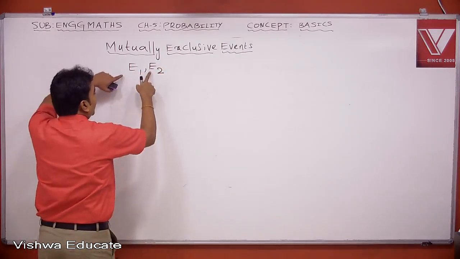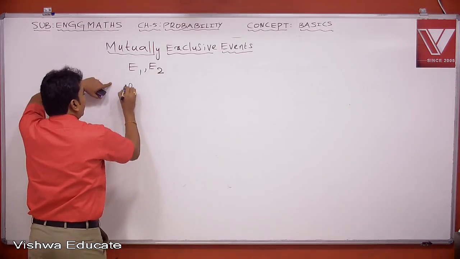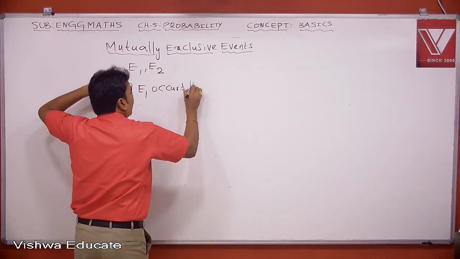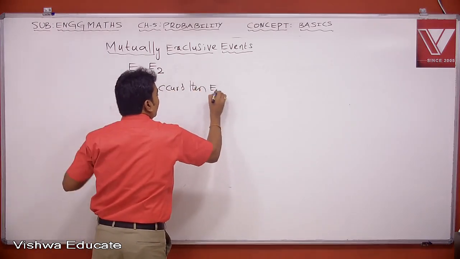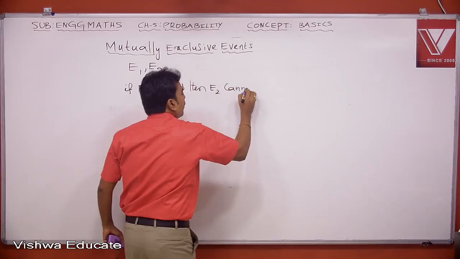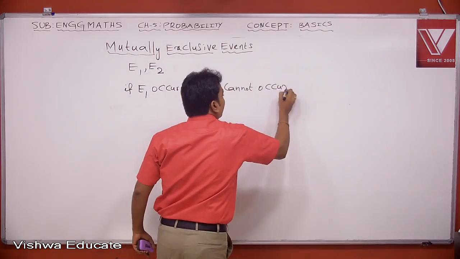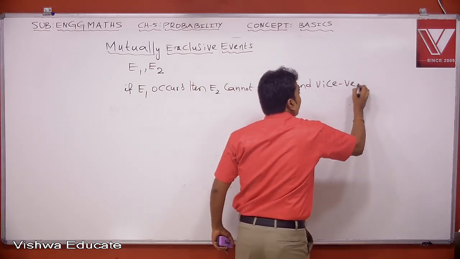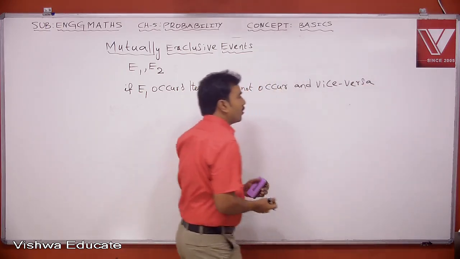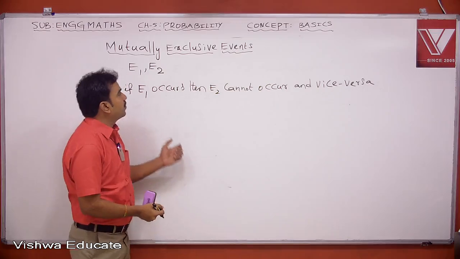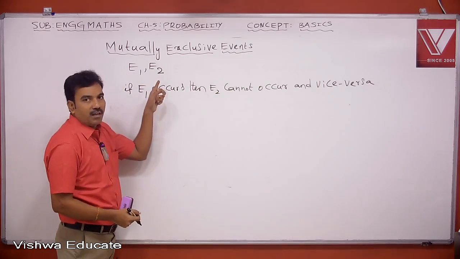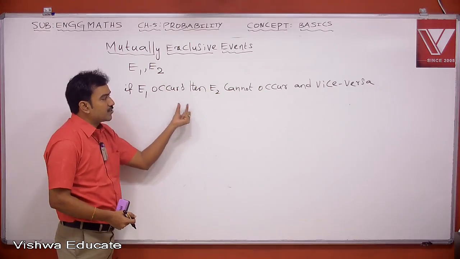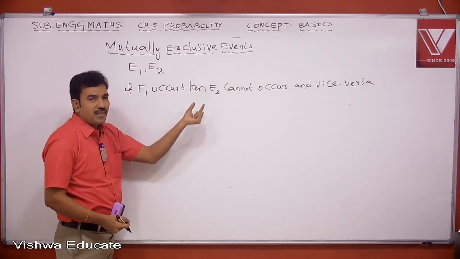We say that these are mutually exclusive if E1 occurs, then E2 cannot occur, and vice versa. So therefore, if you want to say that two events E1 and E2 are mutually exclusive, this must happen. That means if E1 occurs, then E2 cannot occur, and vice versa.